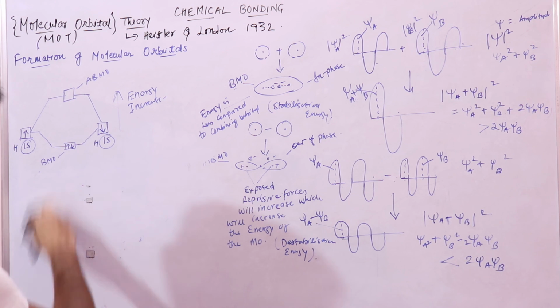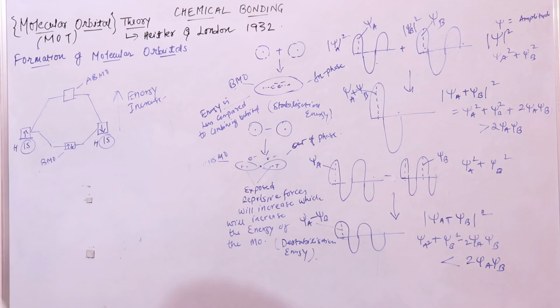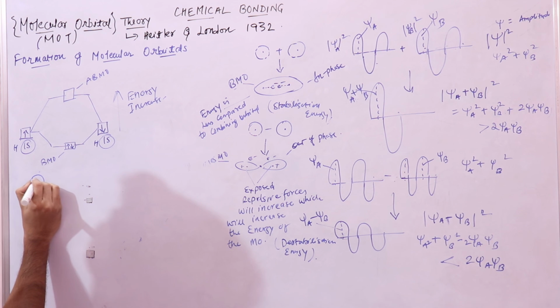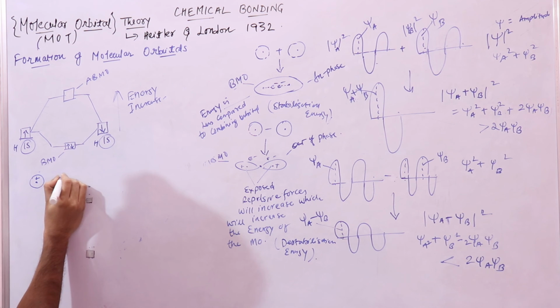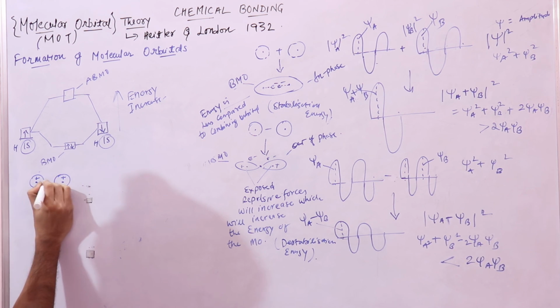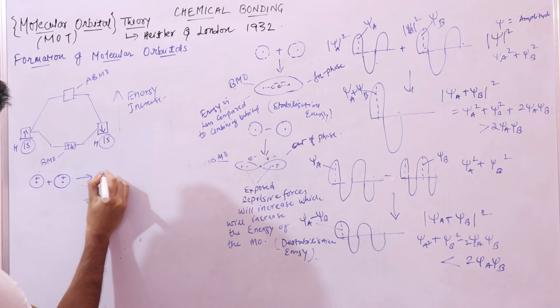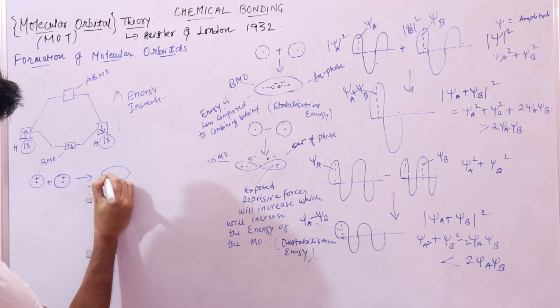In one way, plus of this will combine with plus of this to form a bigger orbital.